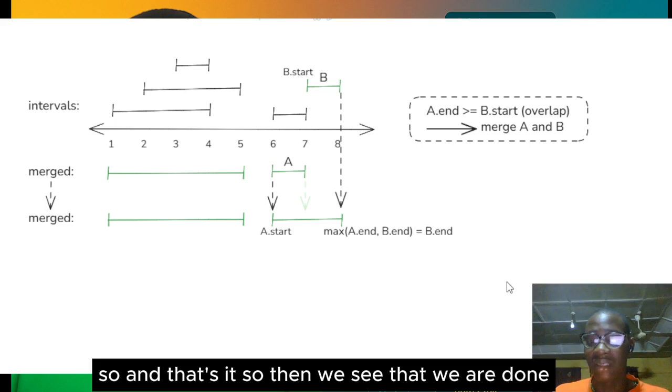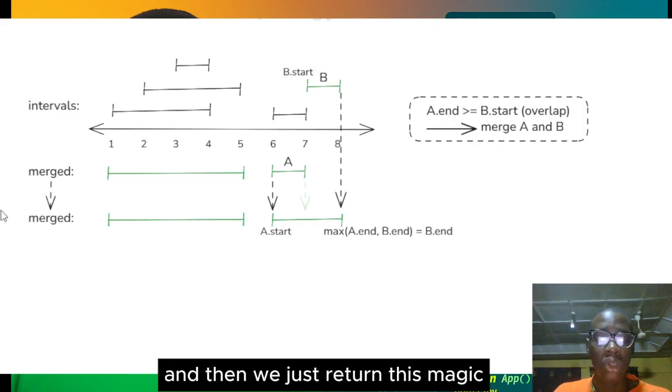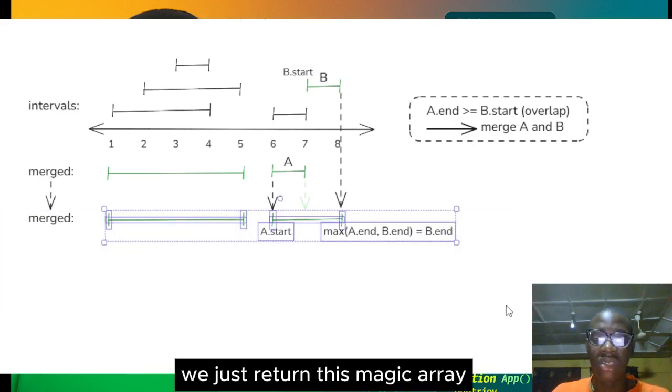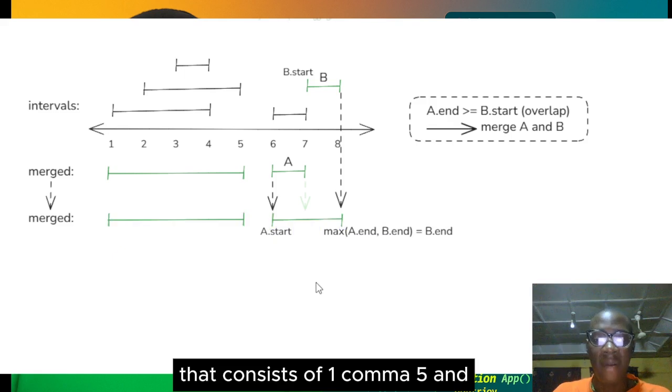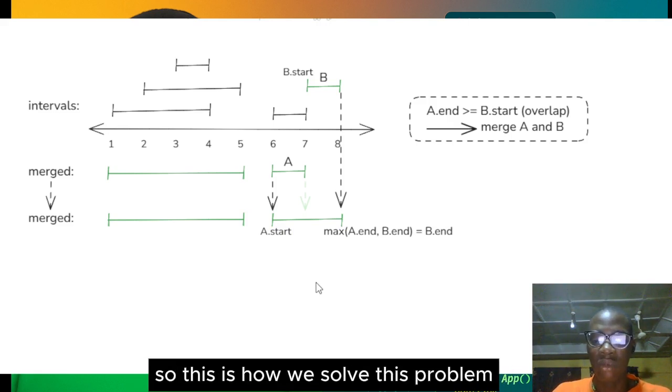That's it, we are done. That's the last element in our array, and then we just return the merged array that consists of intervals 1, 5 and 6, 8. So this is how we solve this problem.